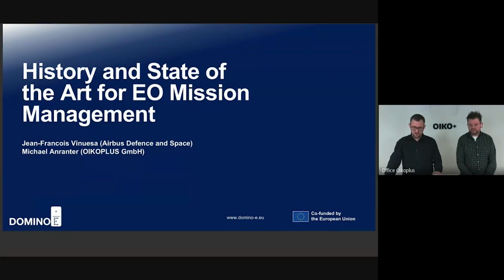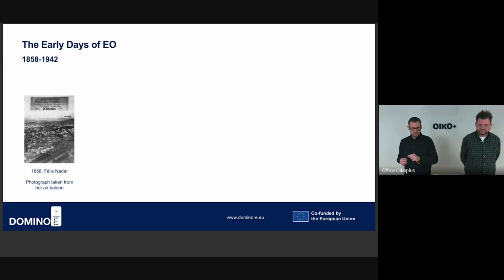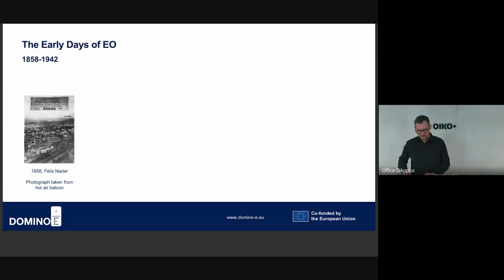I'll start off with the history and the state of the art for Earth observation mission management. The story of Earth observation didn't really start with satellites or with computers, but actually it started with a few bold experiments and a great deal of imagination already in the 19th century.